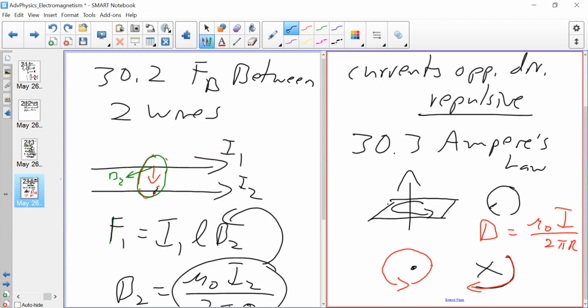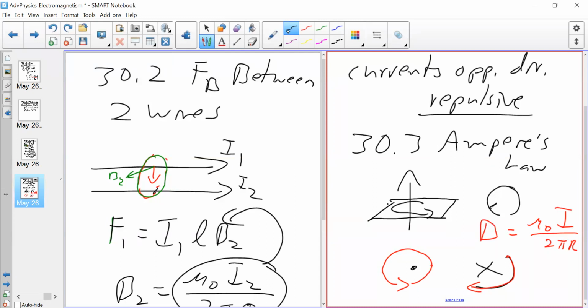That's the long and short of Ampere's law. I'll cut out the details. So that's the basics. Now I'm going to go to 2 more sections.